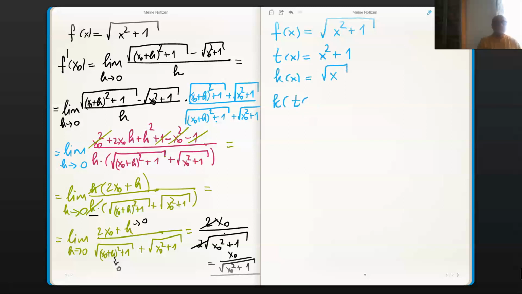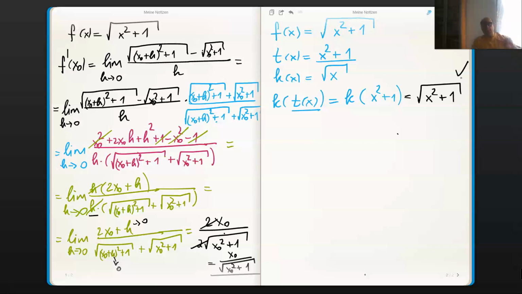So we can show that k of t of x is exactly our function, which means we have k of x squared plus 1, because t of x was x squared plus 1, and now we are taking the square root of x squared plus 1. So that's the story. So check, our assumption was correct.